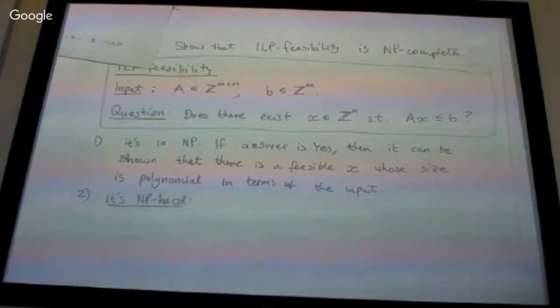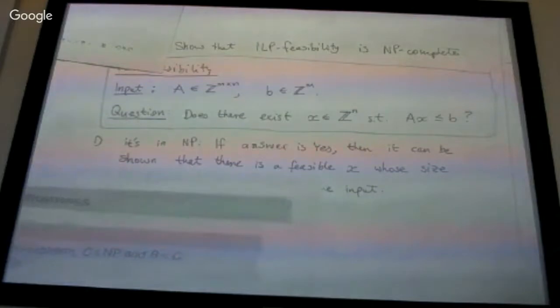And from the theory we did, it's enough to show that we can reduce some problem about which we know that it is NP-hard to it. That is a theory: if P is an NP-complete problem, and C is in NP, and if we can find a polynomial time reduction from the NP-complete one to the one that we're interested in, then the one we're interested in is also NP-hard.